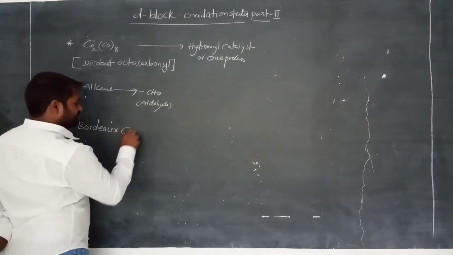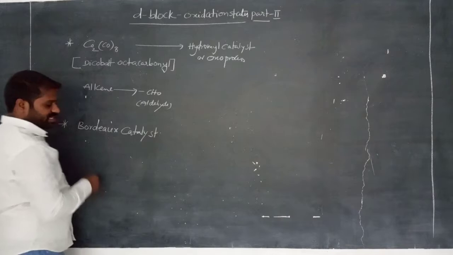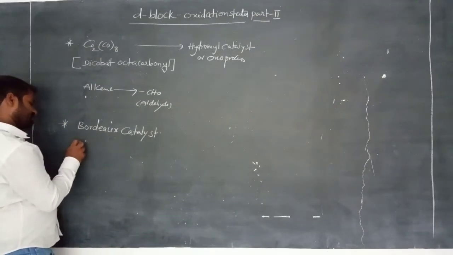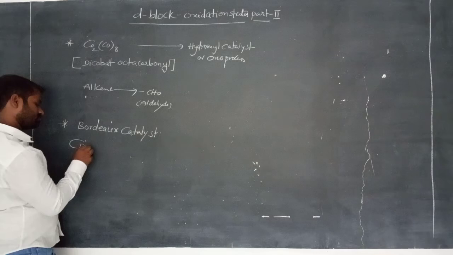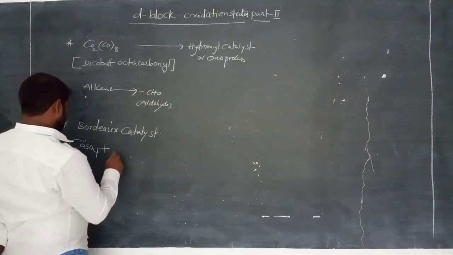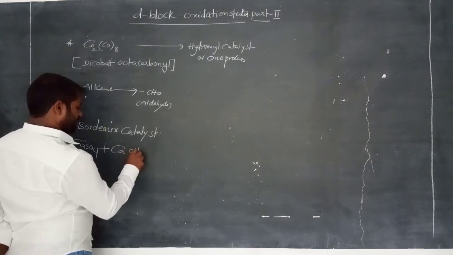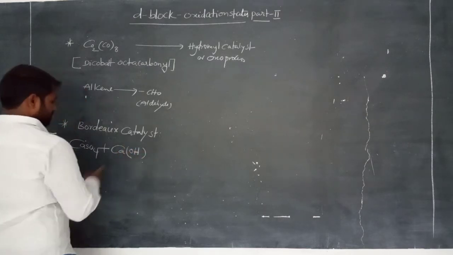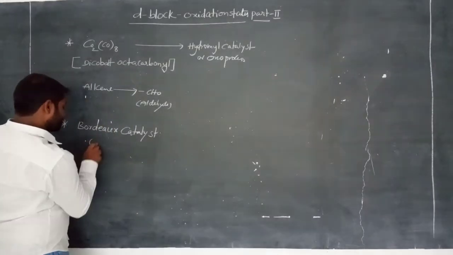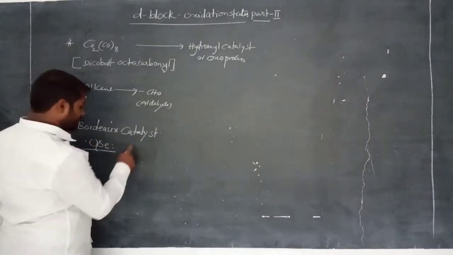And Bordeaux catalyst. So what is the composition of the Bordeaux catalyst here? That is calcium sulfate and calcium hydroxide. I think we already discussed this Bordeaux catalyst and its use.